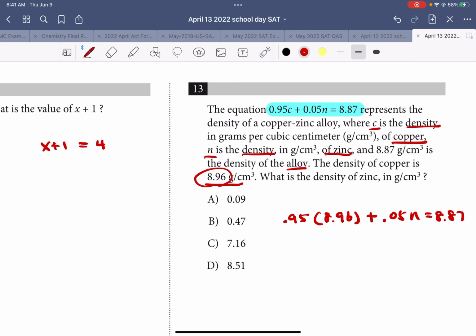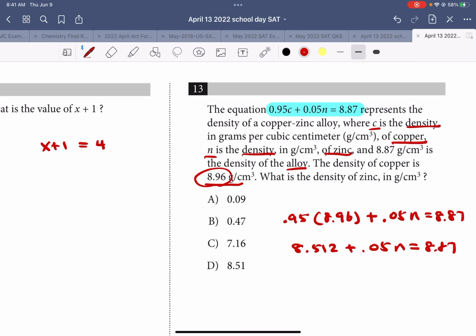So when you solve for N, 0.95 times 8.96 is 8.512, plus 0.05N equals 8.87.